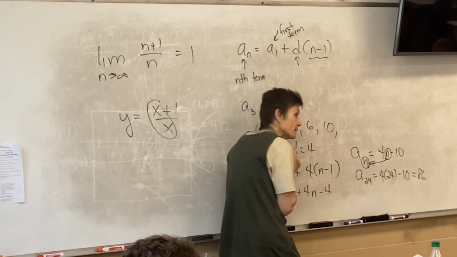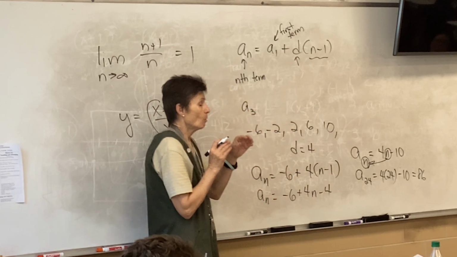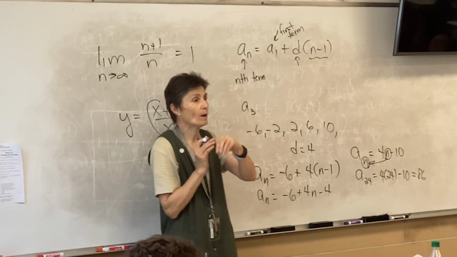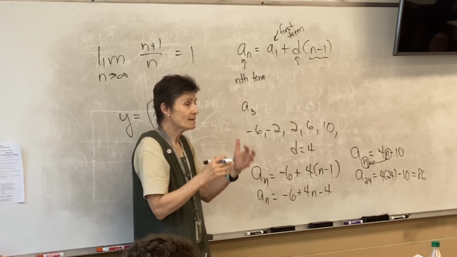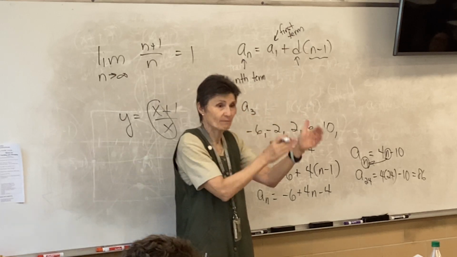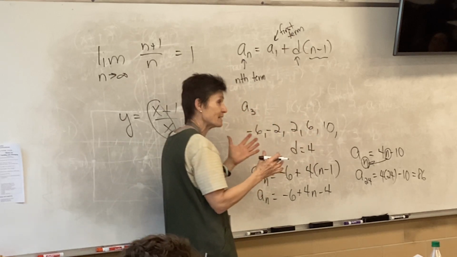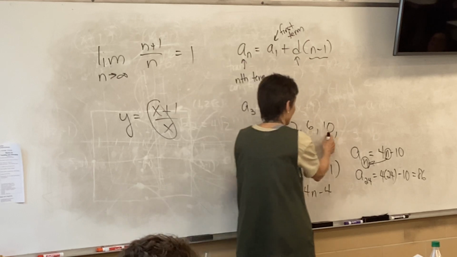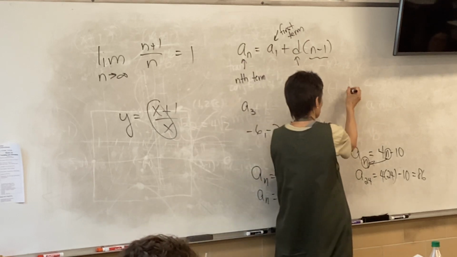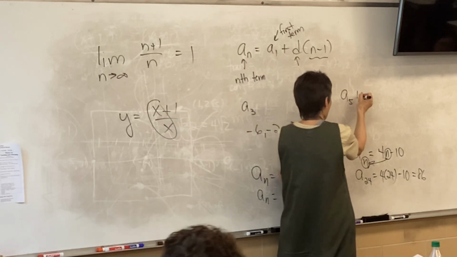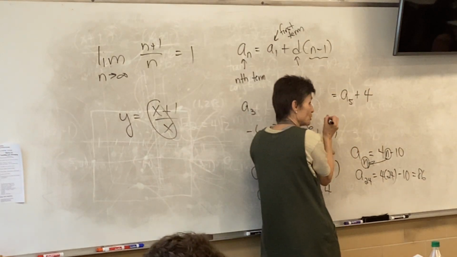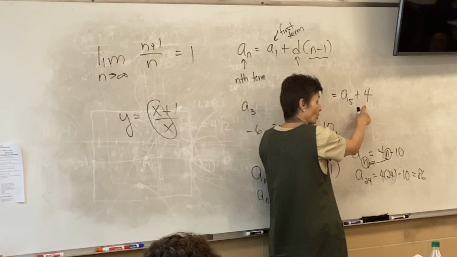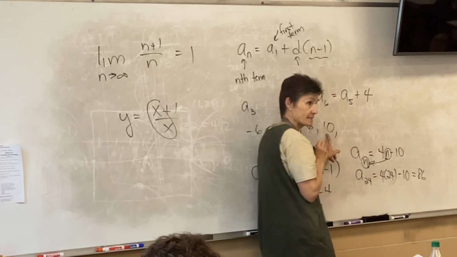So what Julia just did was tell me how this sequence progresses recursively. What it means to be recursive is start with a given term. So 1, 2, 3, 4, 5. Julia started with the 5th term, added 4 to it, and what did she get? If she took the 5th term and added 4, she would get the 6th term.